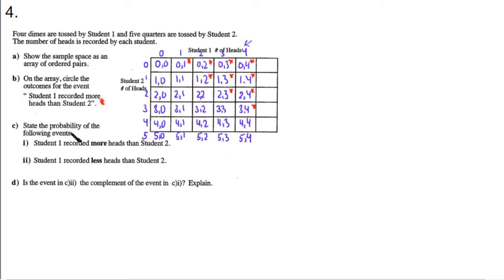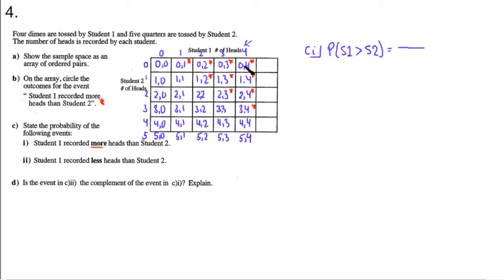Okay. So in C, we want to state the probability of the following events. Student 1 recording more heads than student 2. So this is going to be C, question 1. The probability student 1 tosses more heads than student 2. The formula for calculating probability is number of favorable outcomes divided by total number of outcomes.